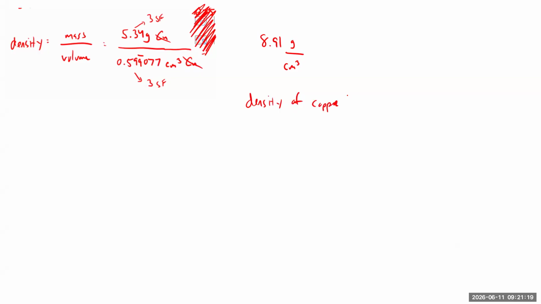Let's say we knew we had 4.53 grams of copper. How many cubic centimeters do we have?